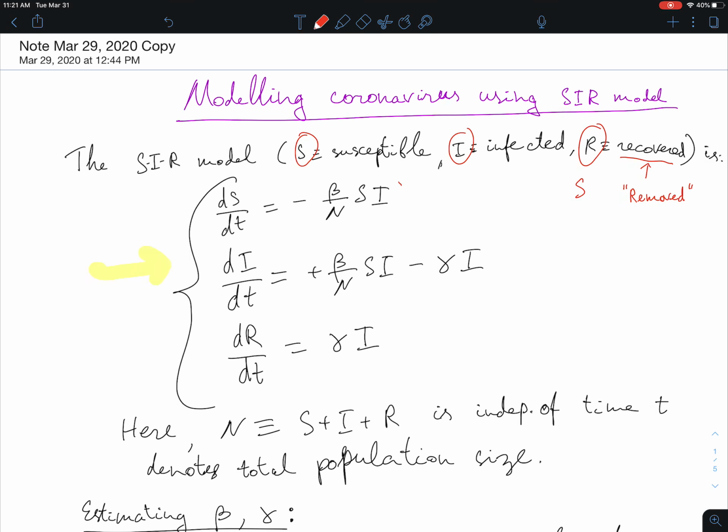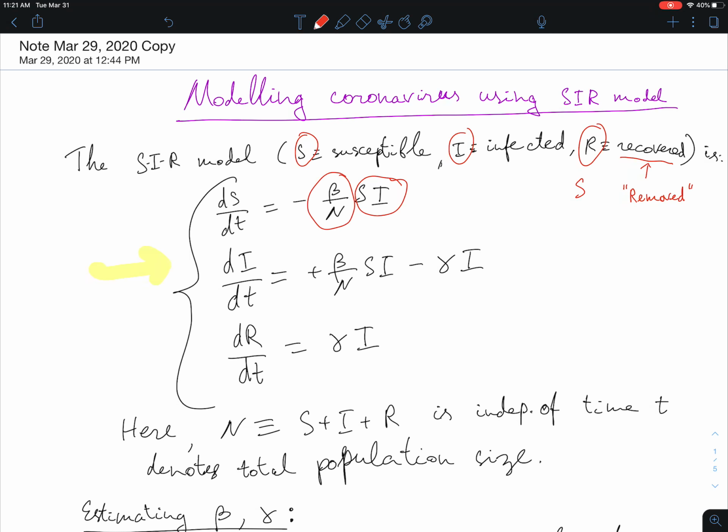And the number of contacts is proportional to the product S times I. The more infected individuals you have, the more contacts there are, and the same with the more susceptible. And each time a contact happens between two individuals, there's some probability of infection.